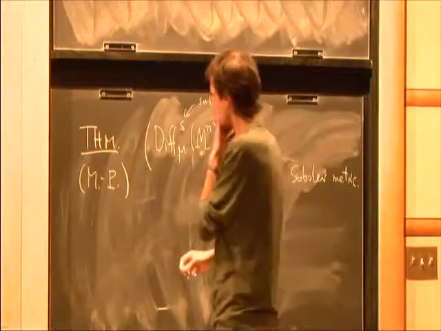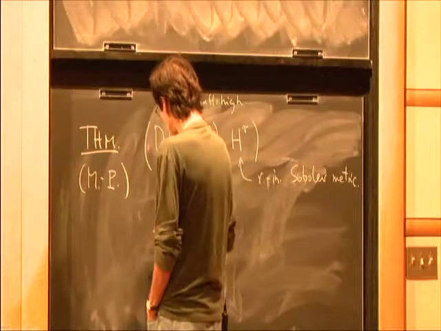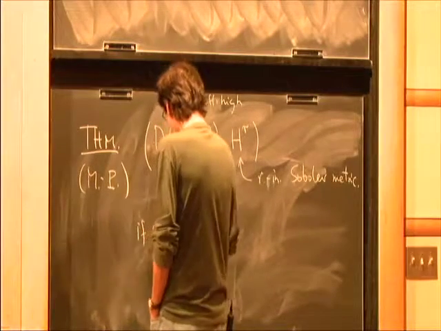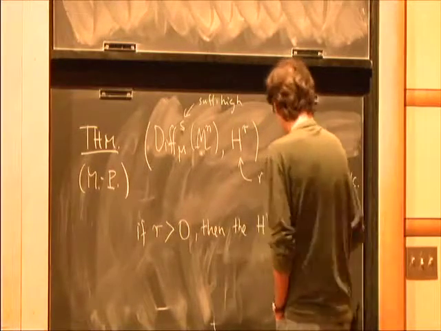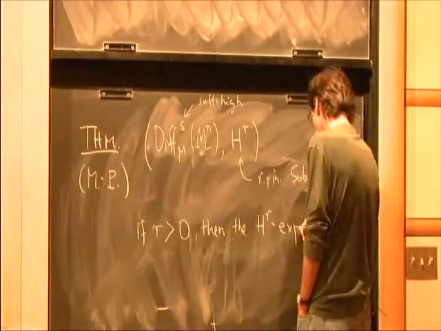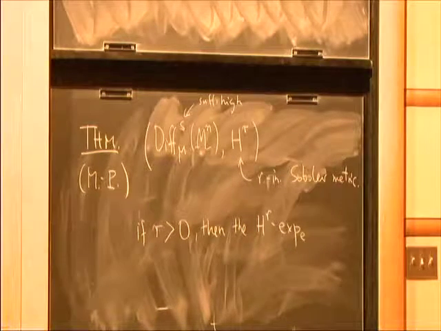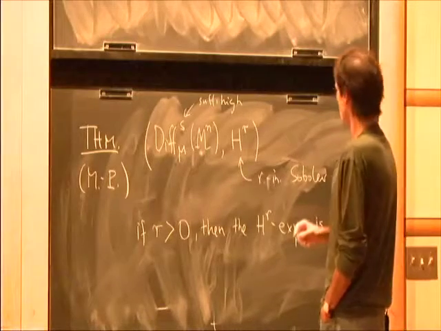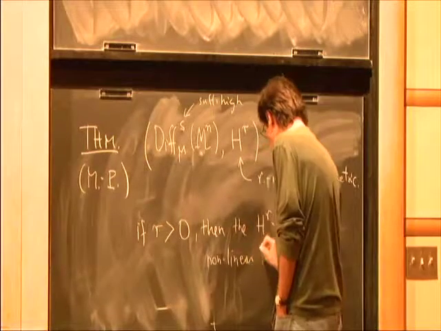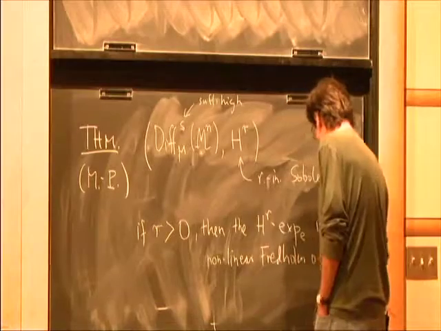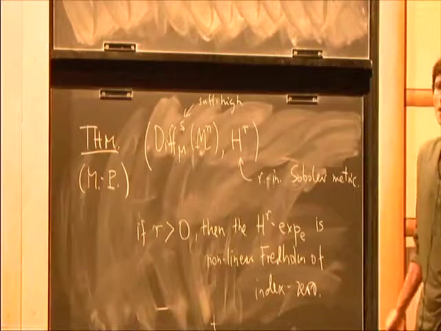Then it turns out, I'll just state the relevant thing, that in 3D, if R is greater than 0, then the HR exponential map, like here we had the L2 one, there exists a well-defined exponential map for the HR case as well, and it is nonlinear Fredholm of index 0.